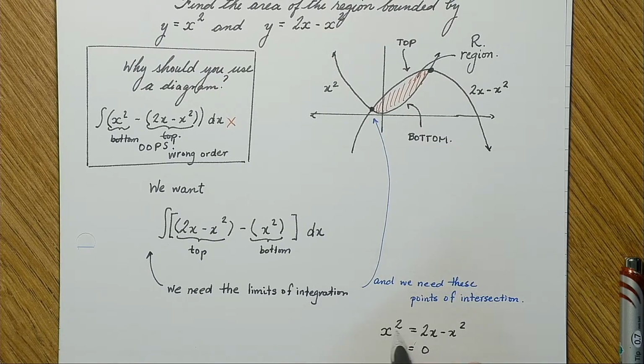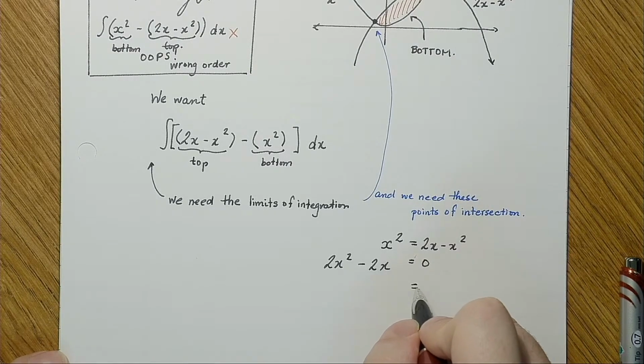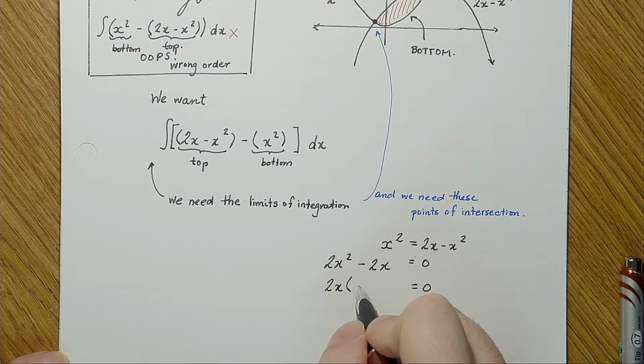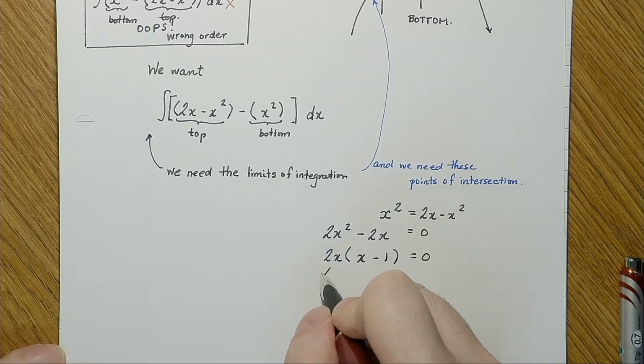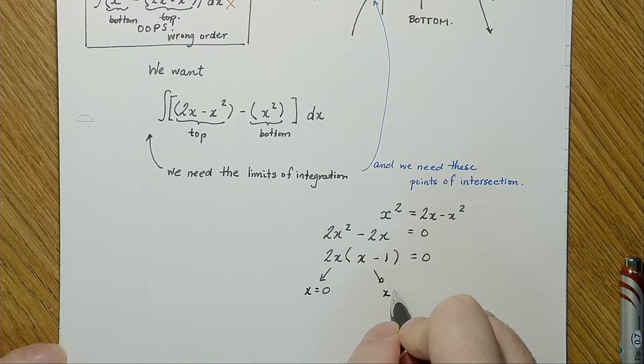So I have x squared and minus x squared, so that comes over here, and that becomes 2x squared minus 2x, which we can solve by factoring. So just factoring out the 2x, I'm left with x minus 1, which means that x equals 0 and x equals 1.